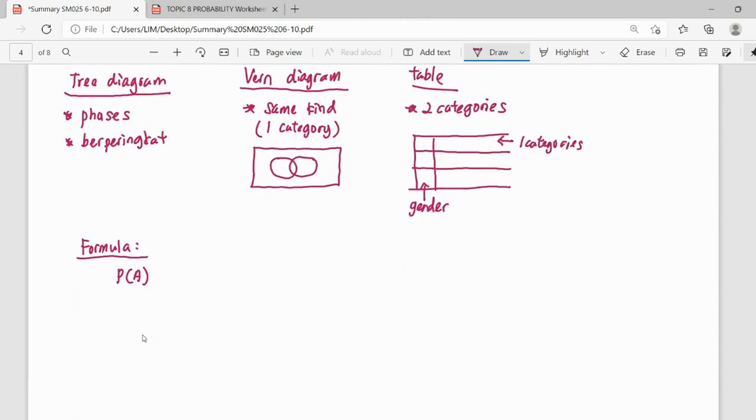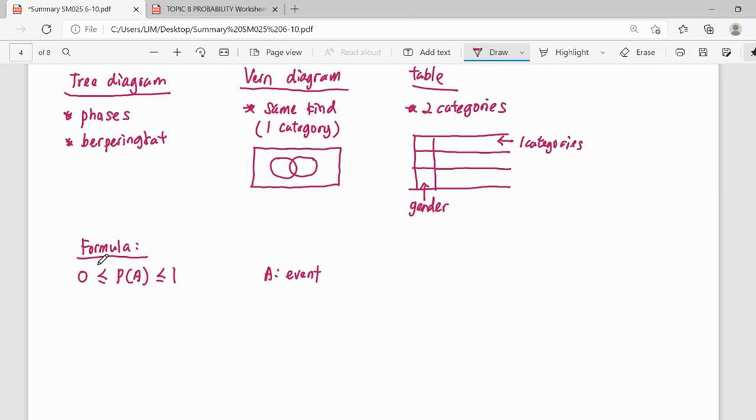So A here means our event. The probability of an event should be more than or equal to 0 and less than or equal to 1. When the probability is 0, it means it is definitely not going to occur, because probability is talking about chances. When the probability equals 1, it means your case has a 100% chance of occurring.